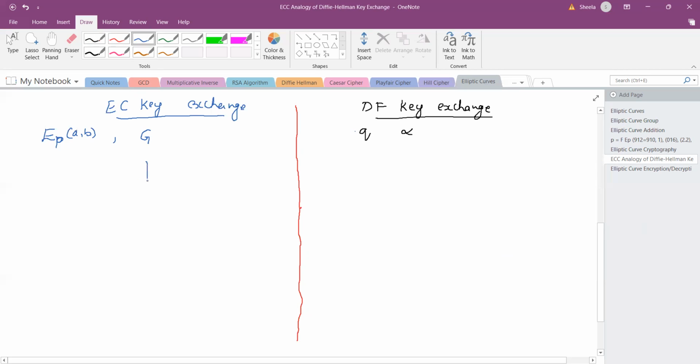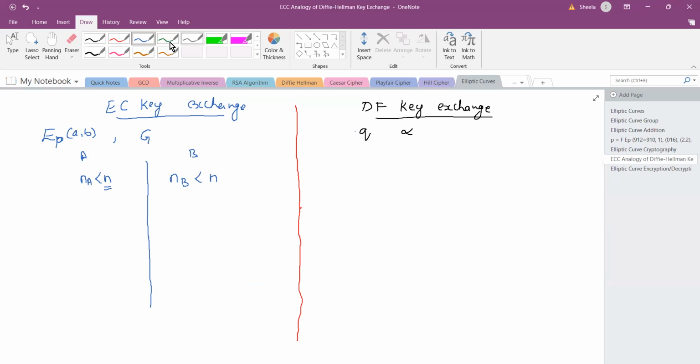Now let user A select his private key NA, which should be less than n. What is n? Order of the elliptic curve group. And user B will select his private key NB, which is also less than n. Both NA and NB must be less than n.